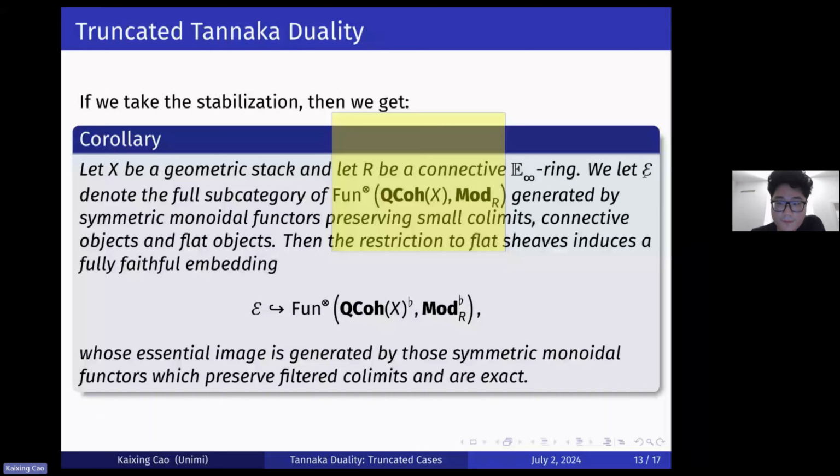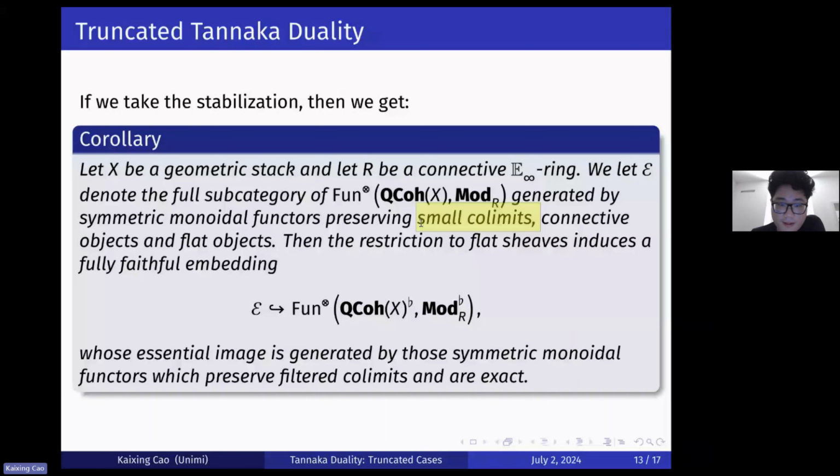Now we take E to be the full subcategory generated by some good functors preserving the small coordinates, connective objects, and the flat objects. This is the essential image of the Tannaka duality for geometric stacks.